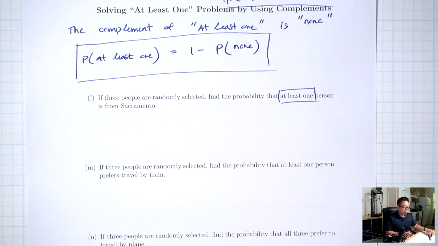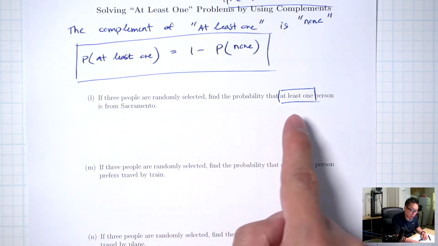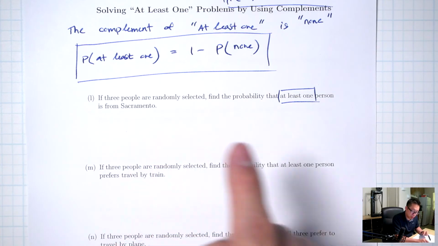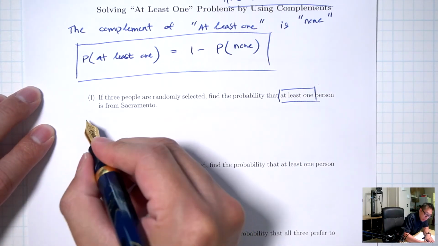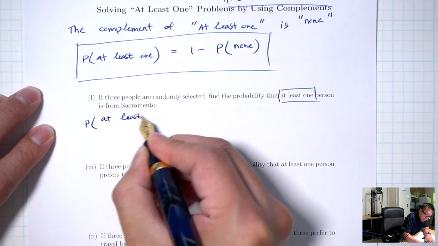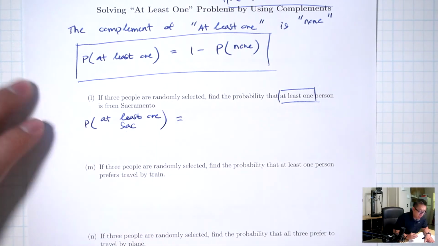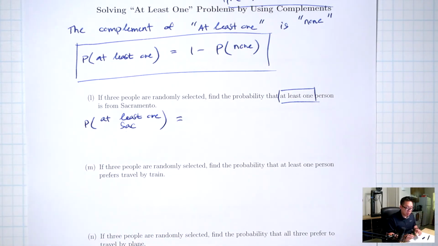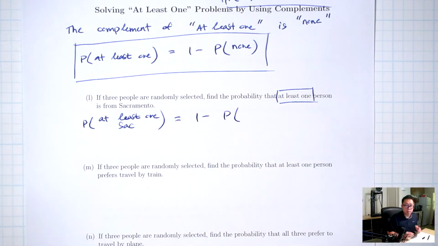All right, so let's try an example. Part L. If 3 people are randomly selected, find the probability that at least 1 person is from Sacramento. So the keyword is at least 1. I'm looking for at least 1 Sac. Which is going to be the same thing as doing 1 minus the probability of none from Sac.